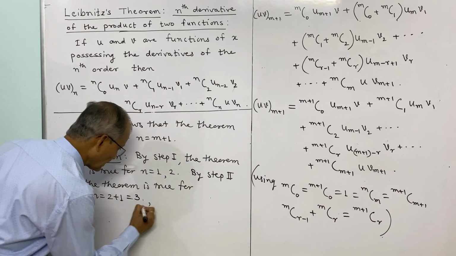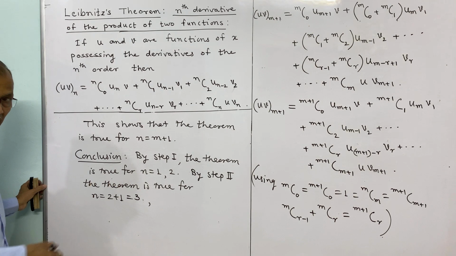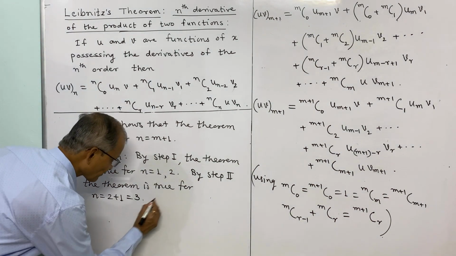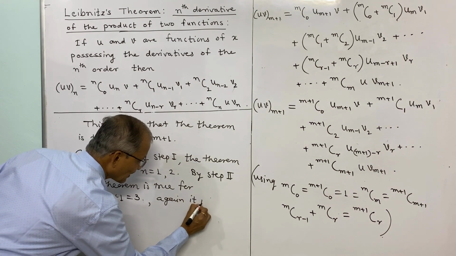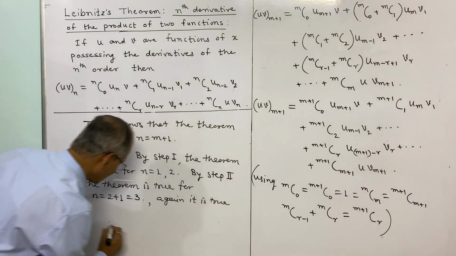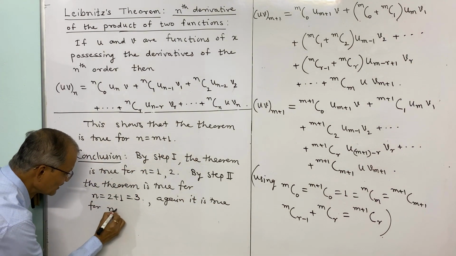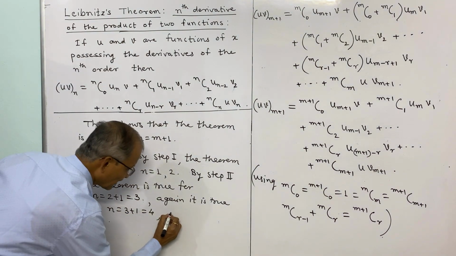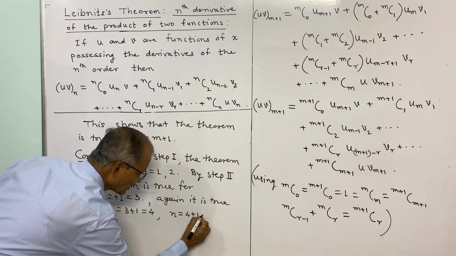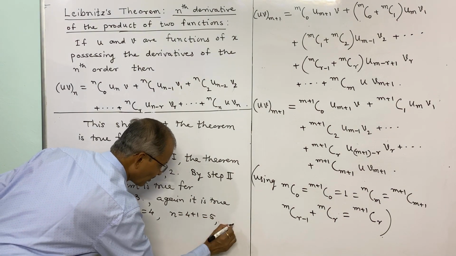And further, continuing like this, it is true for n equal to 3 plus 1, that is equal to 4, and n equal to 4 plus 1, that is equal to 5, and so on.